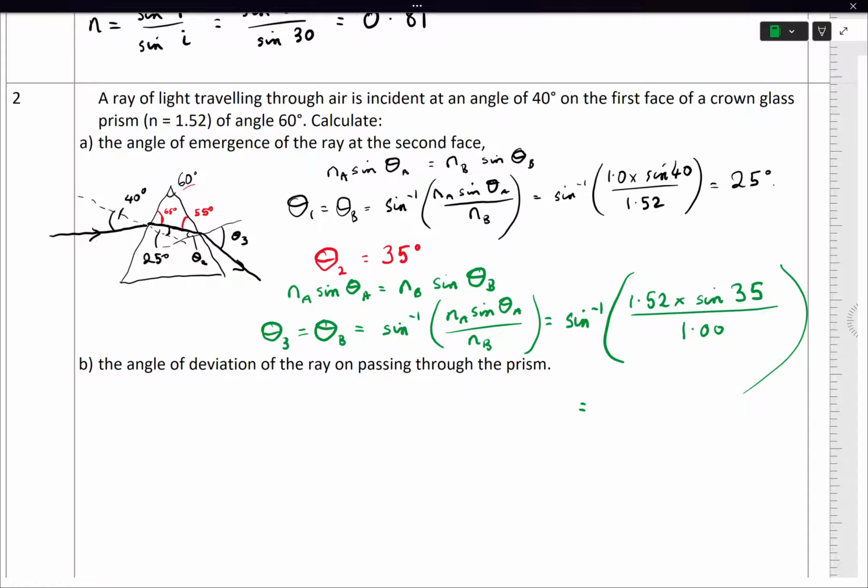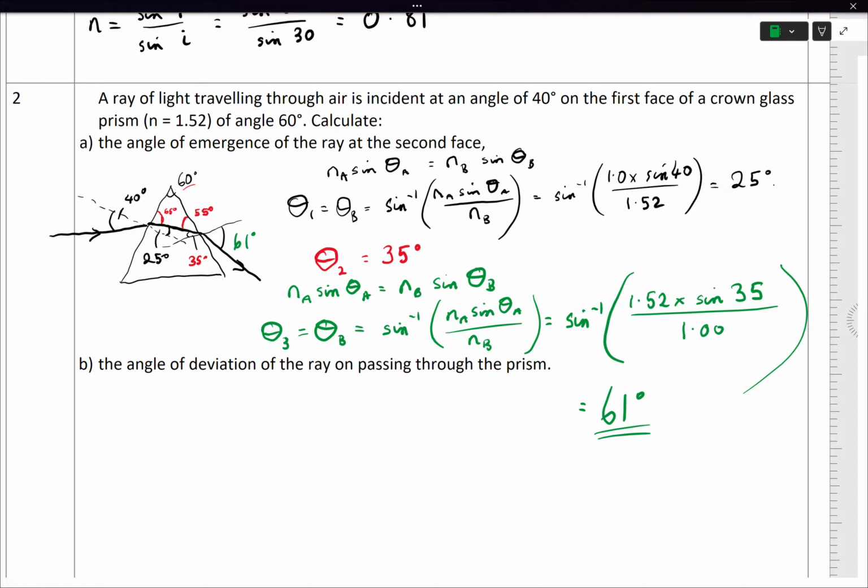So this gives us our angle from the second surface, which is 61 degrees.